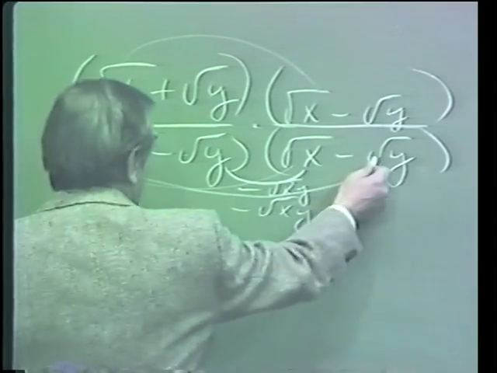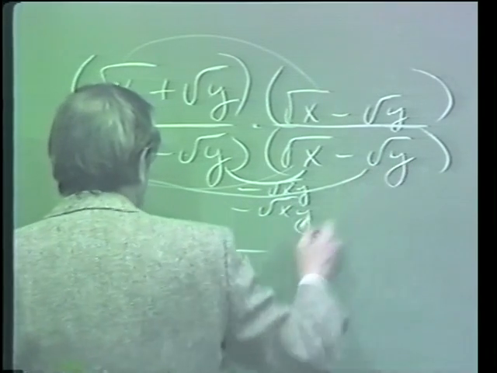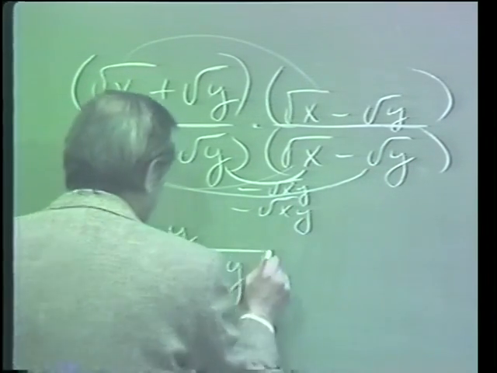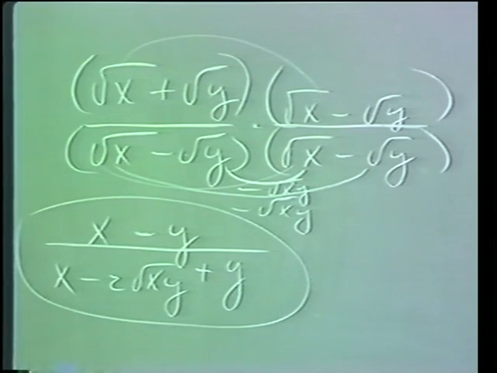We now multiply the last. The negative times the negative is positive. The square root of y times square root of y is y. And there we multiply the denominator. There are no terms we can combine. We're finished with the problem. This is the answer. Okay? All it is is a series of multiplication.